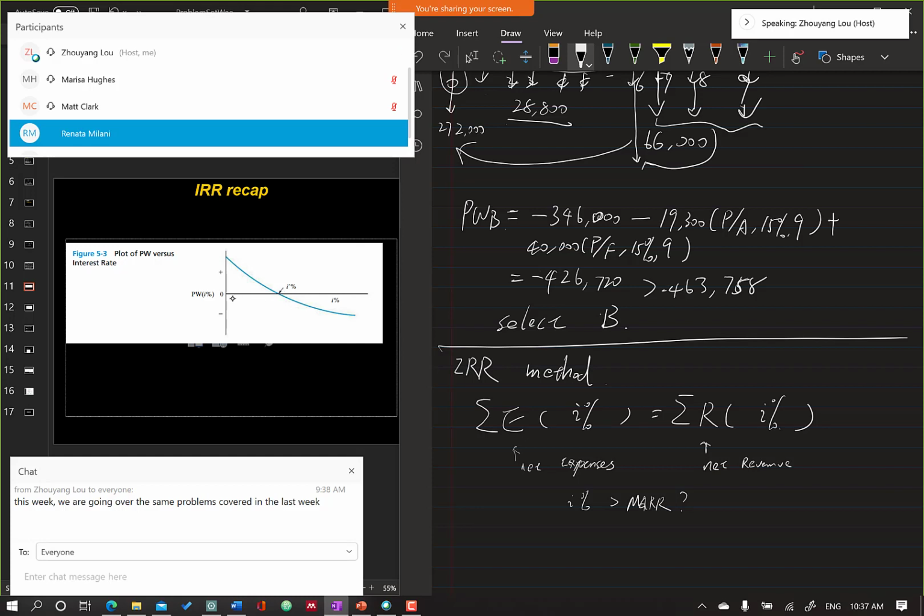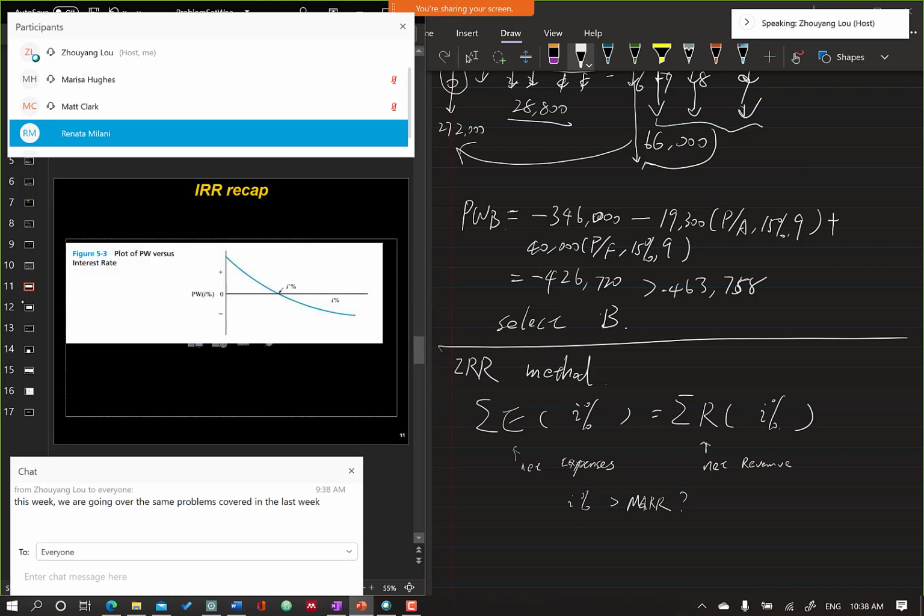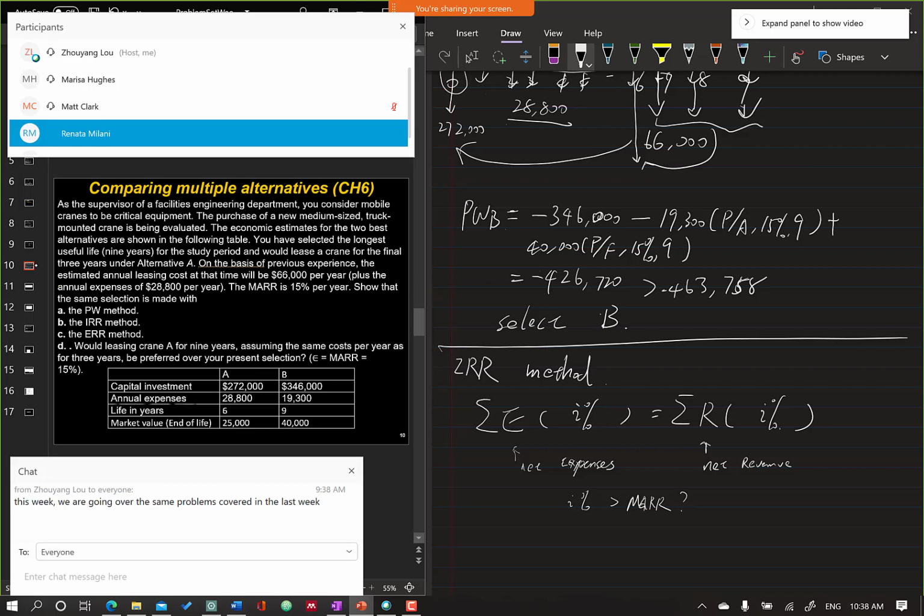Basically we add up all the net expenses and net revenues, set that equal to 0, find the interest rate that gets this present worth to 0, and use that to compare with the given interest rate. So do you have questions on this concept?